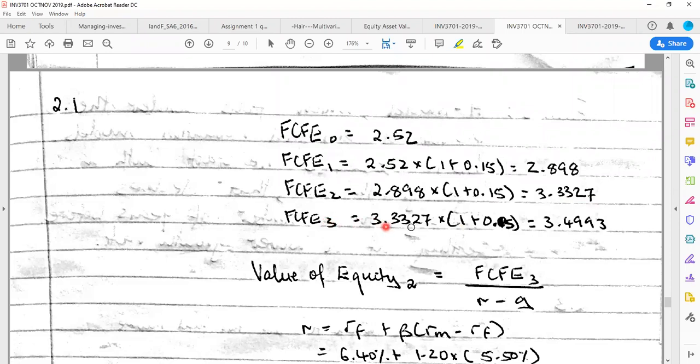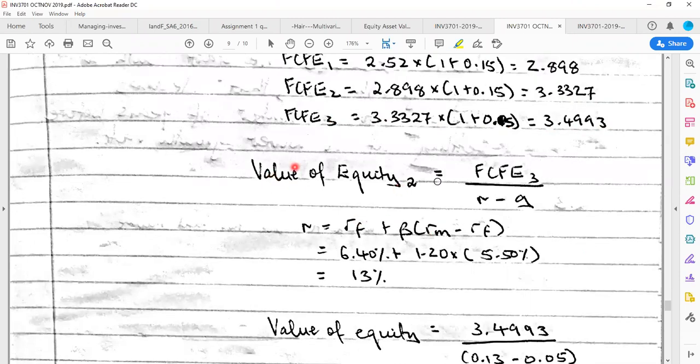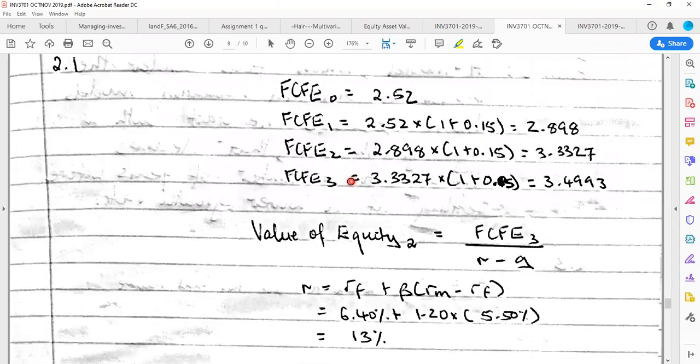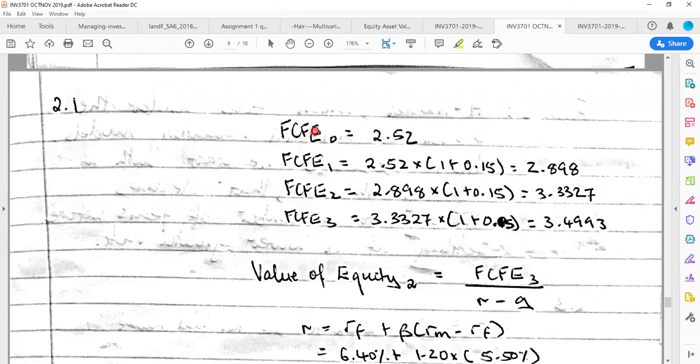And then that will grow by 5% to 3.4993. And then after that, we get the value of equity. Because we're using FCFE, it means we are getting the value of equity directly. But if we were using FCFF, we would be getting the value of the firm, right?